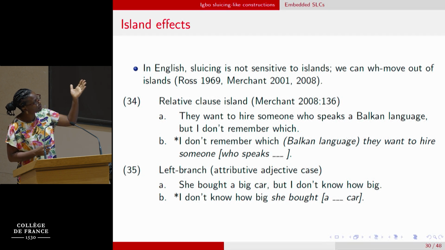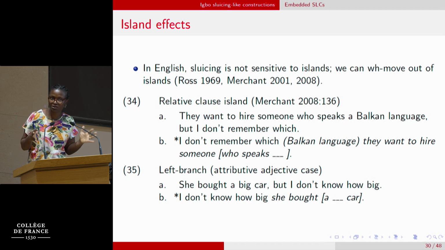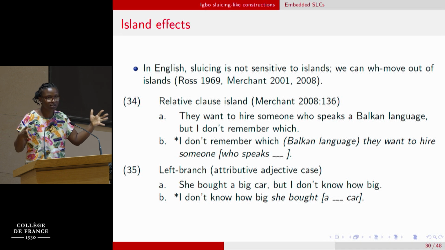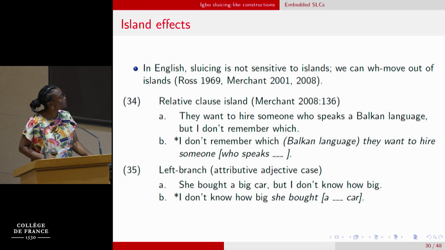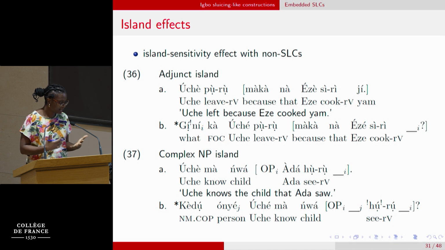In the ellipsis case, we can say "they want to hire someone who speaks a Balkan language, but I don't know which". But in a non-ellipsis context, where we have the full clause, the sentence is ungrammatical. The same thing holds for the left branch case. And the examples here show that we get island sensitivity in non-ellipsis constructions in Igbo as well.